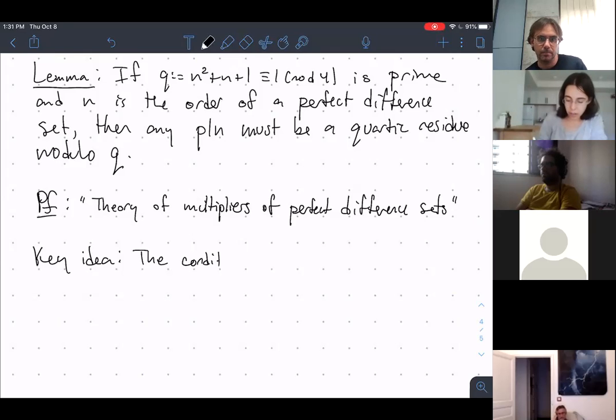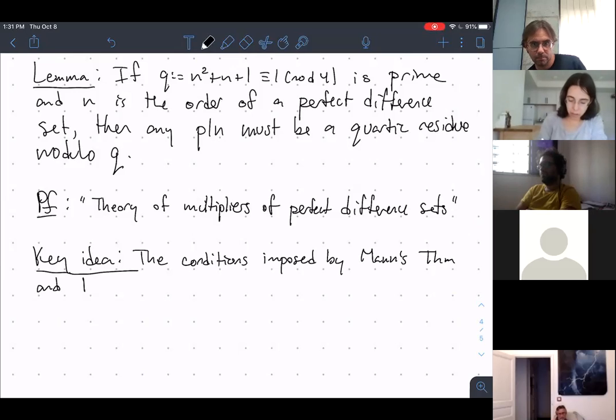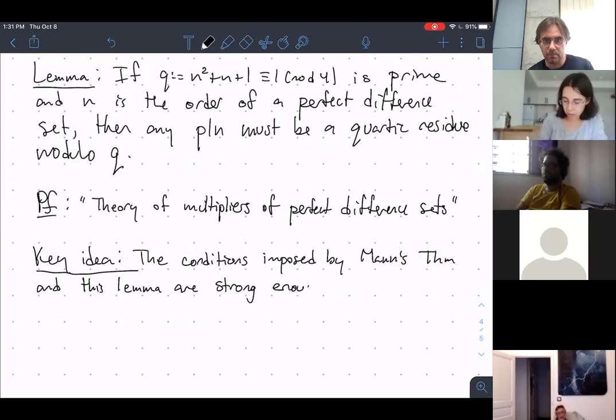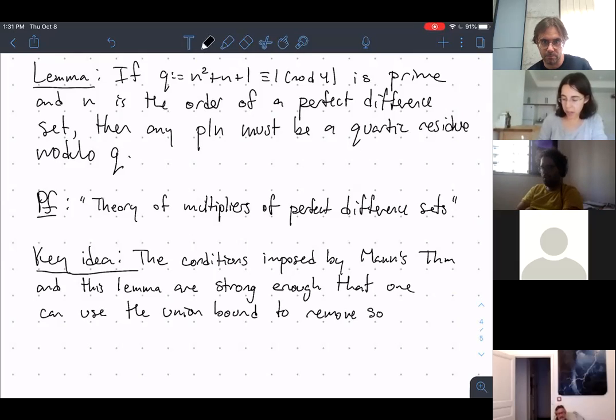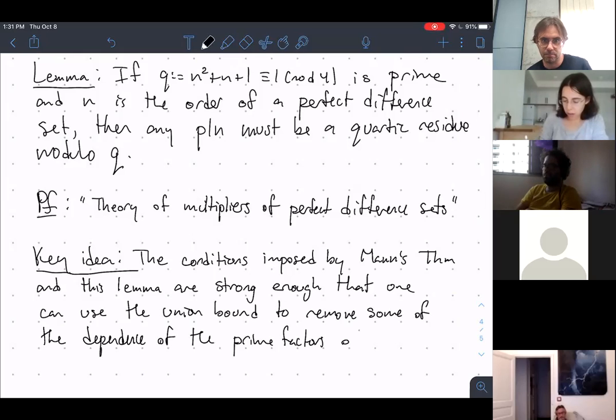is to note that the conditions imposed by Mann's theorem and this lemma are strong enough that one can afford to lose a little by using the union bound, to remove some of the dependence of the prime factors of n squared plus n plus 1 on some small prime factors of n.